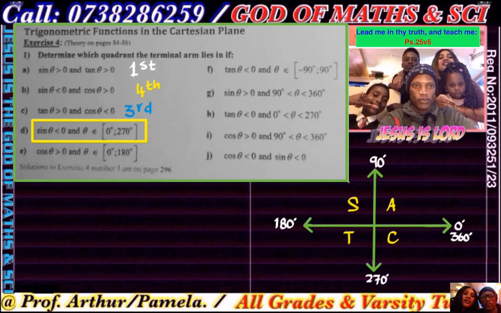Alphabet D tells us that sine of theta is less than 0, meaning where sine is negative, that would be the third quadrant and the fourth quadrant. All right. Now next, they're also telling me that we have to move an angle over an interval from 0 all the way to 270.